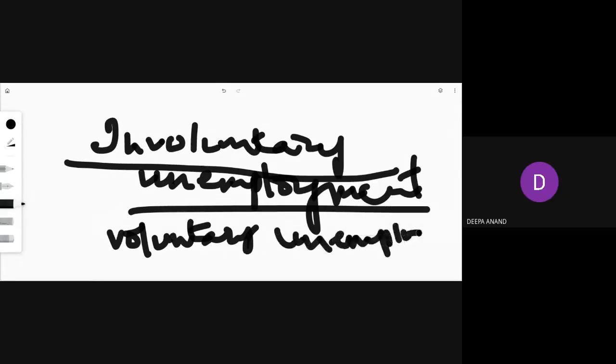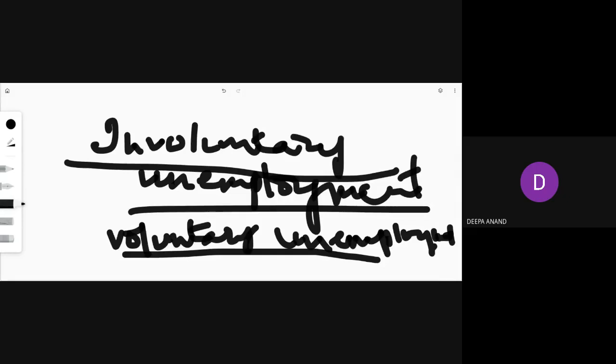One more term left, voluntary unemployment. What is voluntary unemployment? You don't want any job. You have enough money, which is earned by your parents. You don't want to work. It's a situation when a person is unemployed because he is not willing to work, even at the existing wage rate.